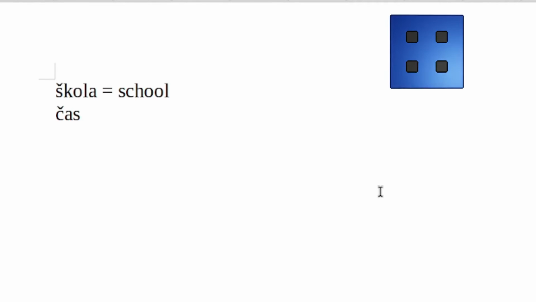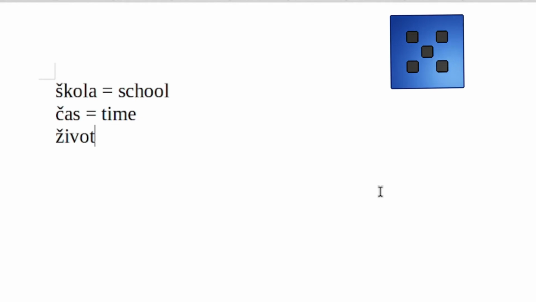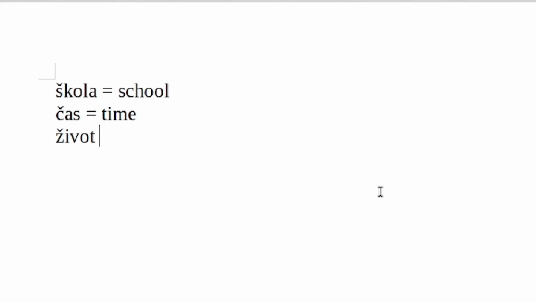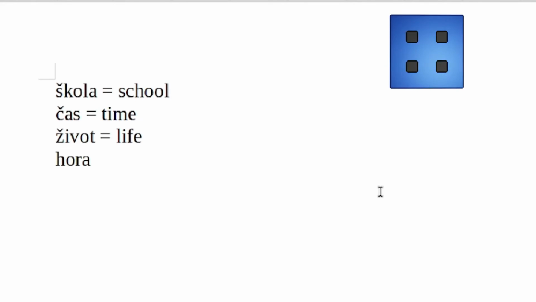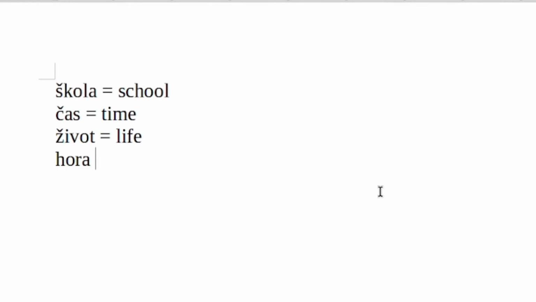Škola. Škola means the school. Čas. Čas means time. Život. And that means life. Hora. That means mountain.